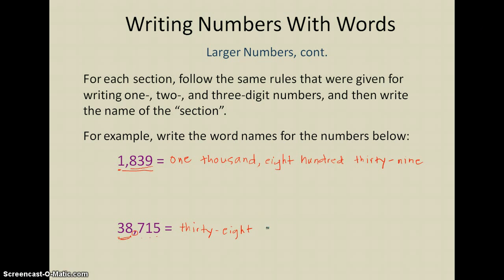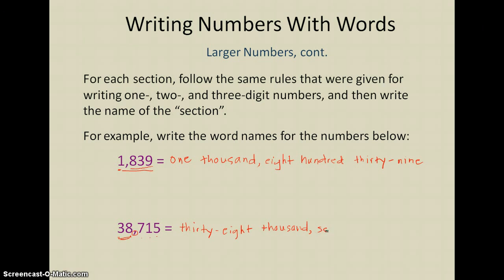So I've got 38,000. And I'm just going to put thousand rather than thousands because that's how we normally read it. So I have 38,000, comma, just like in the number.